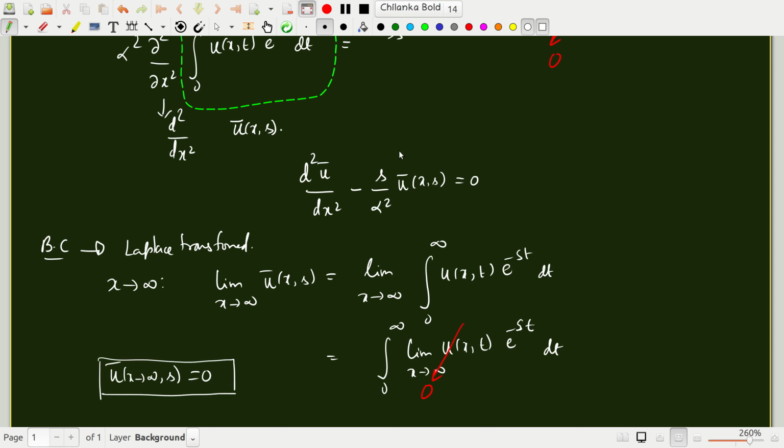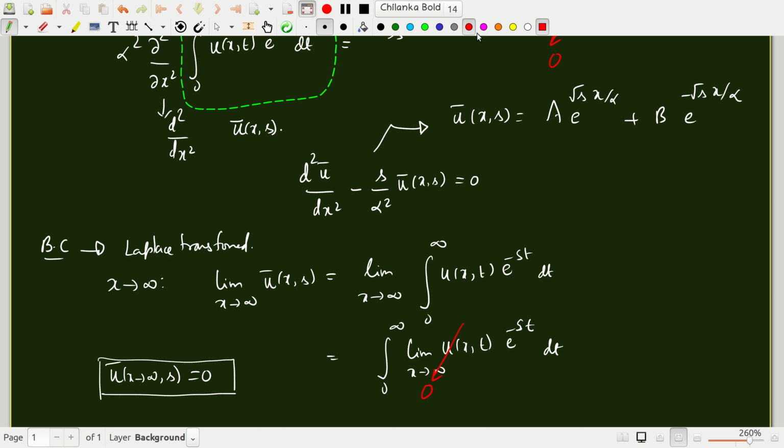Now if I solve this differential equation, I get two solutions. u bar of x,s is a e to the root s x upon alpha plus b e to the minus root s x upon alpha. Now as x goes to infinity, u bar should go to 0.